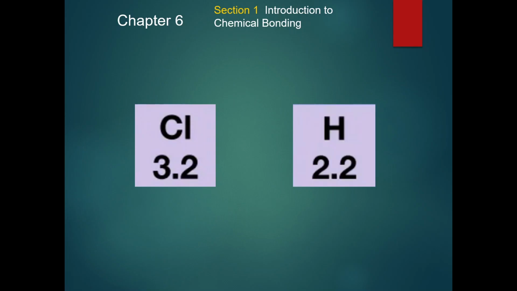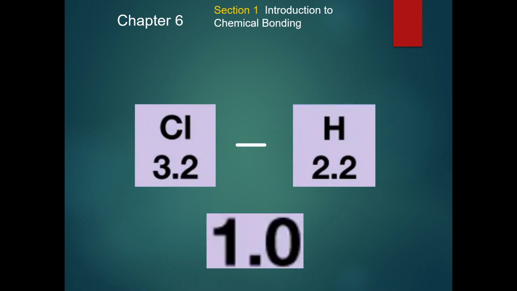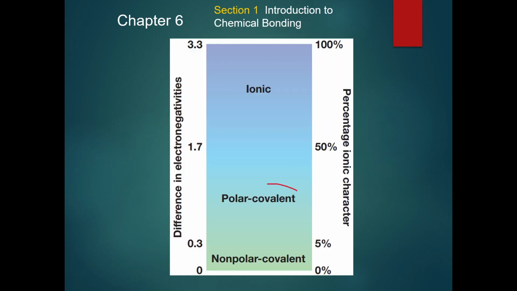Next, we find the electronegativity value for hydrogen, which comes in at 2.2. Simply find the difference between these two values, and you find that it is in fact 1.0. That electronegativity difference of 1.0 puts this bond in the category of polar covalent.